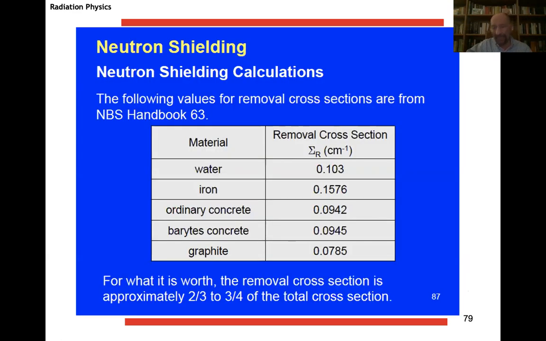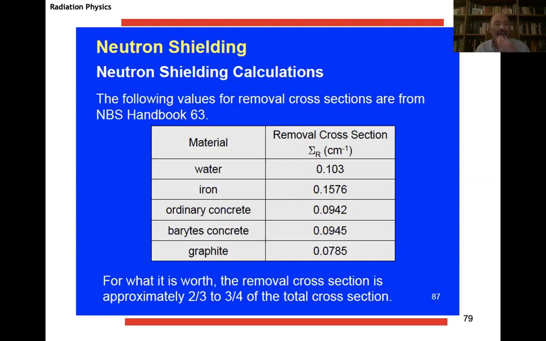It is very practical. These kinds of calculations for the neutron cross sections are extremely complicated, of course, but most numbers are tabulated. And one useful number for the exercises is to look at the removal cross section. This is the cross section that you want to know if you want to know how many neutrons are lost.